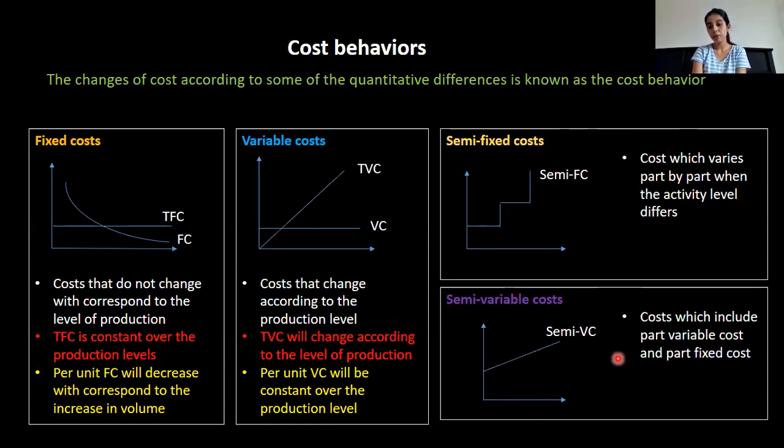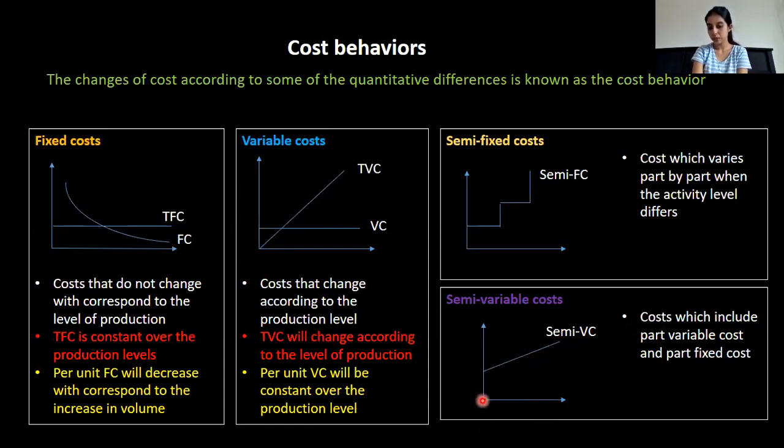So these semi-variable costs consist of a component of fixed cost as well as a component of variable cost. A while ago we discussed that the total variable cost line starts from 0, meaning there's no variable cost at 0 level of output. In contrast, this semi-variable cost line starts somewhere above 0.